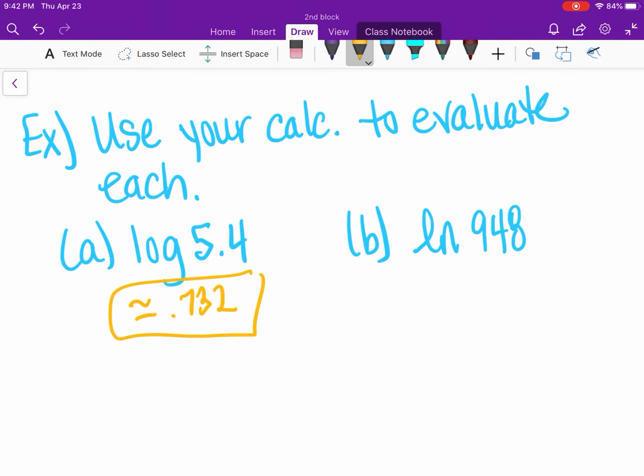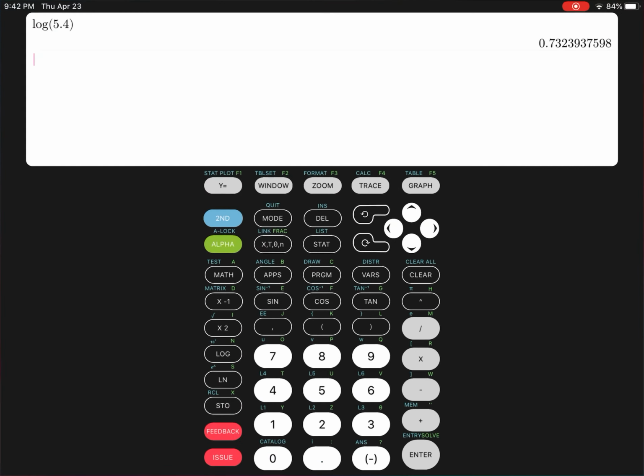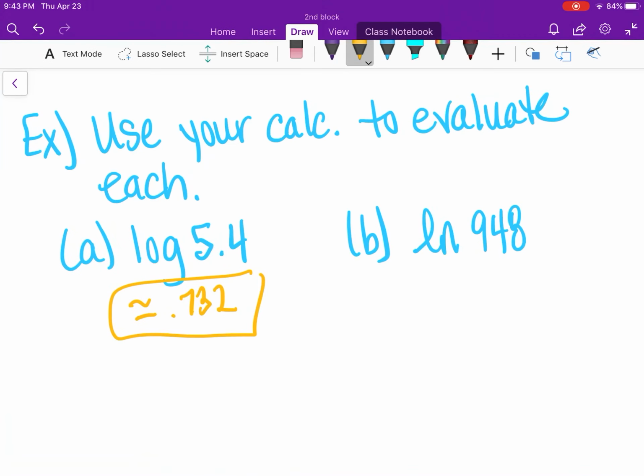Then for the natural log of 948, your ln button is right next to number 4. And we used that button earlier in the exponential assignment whenever we hit second ln. So we're just going to hit ln, and then what was our number, 948? Hit enter. So that's going to be 6.854.